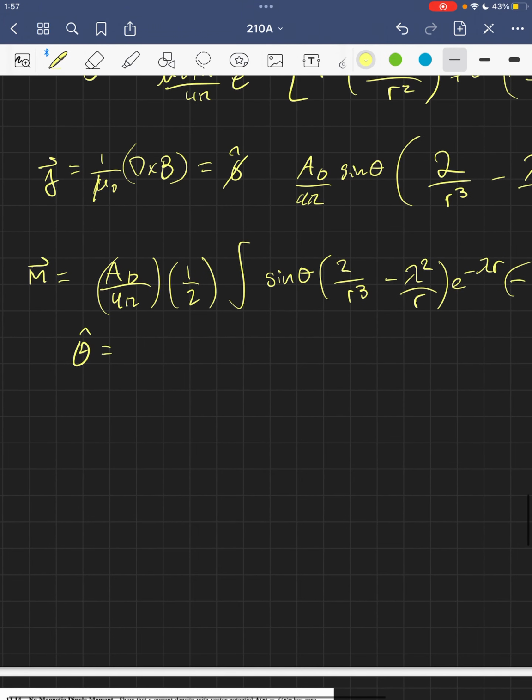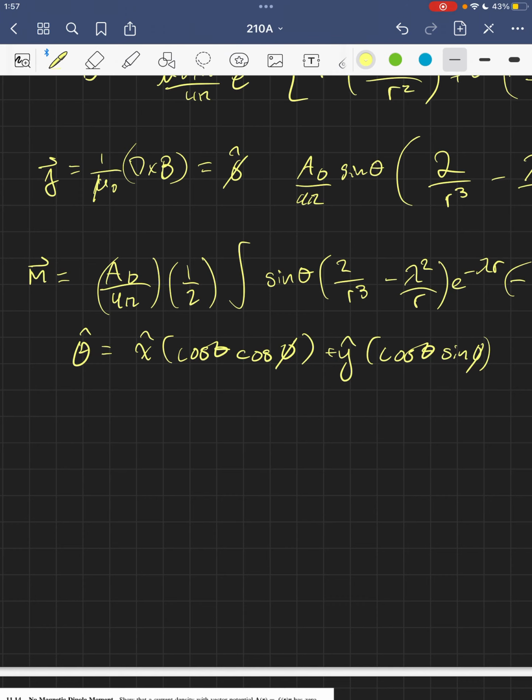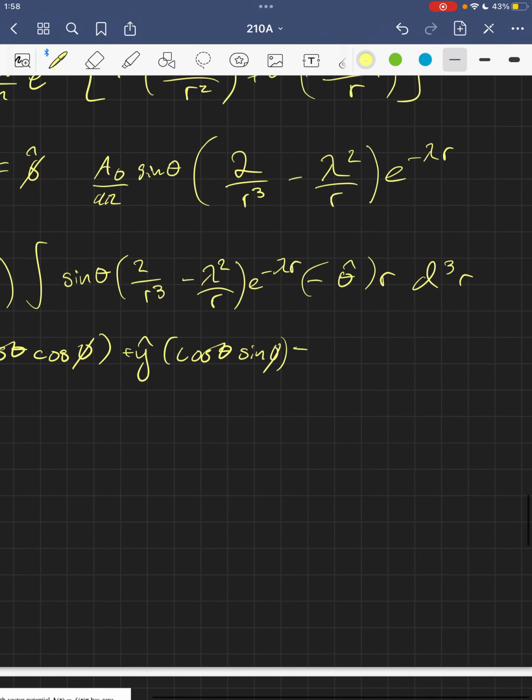So what we can do is we're going to write theta hat out. Theta hat is x hat cosine theta cosine phi plus y hat cosine theta sine phi minus z hat sine theta. Okay? All right.